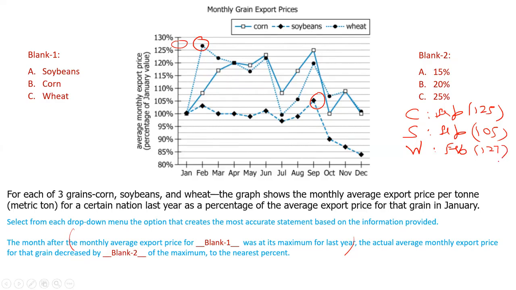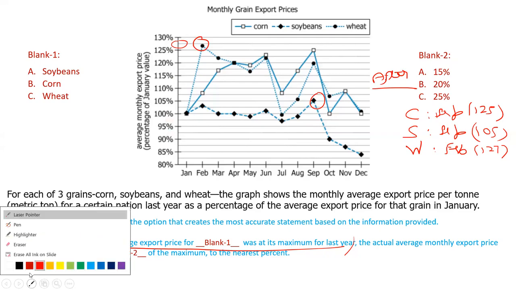Next, what do we do, guys? Now that you found out, how do we proceed? Next month, very nice. Because we are talking about the month after this has happened, let's also look at the month after. For corn, the month after would be October. What's the price of corn in October? 100.